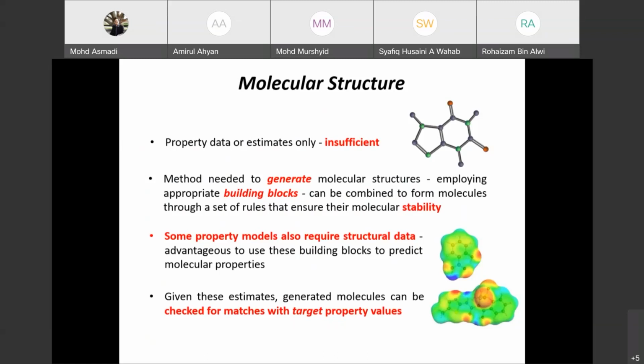You have to generate and predict. Some property models also require structural data. The advantage is using these building blocks to predict molecular properties. That is important. And then finally you have to check for a match with the target properties.